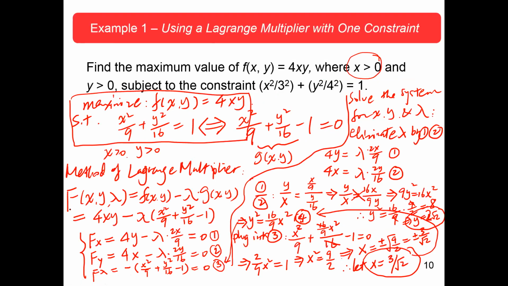Then you form the function using the objective and constraint: f of x y minus lambda times the constraint. Then you take 3 partial derivatives and set them equal to 0. The rest of the work is solving the system. Once you solve it, you get x and y, which give you the maximized area.